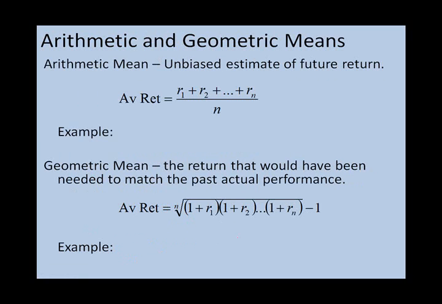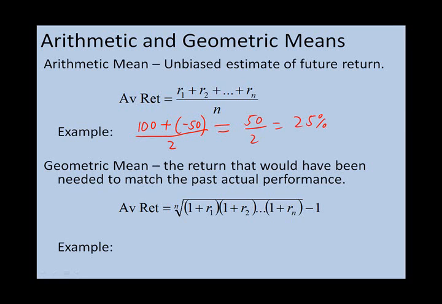For example, in our investment case we've just looked at, in the first period we earned 100%. In the second period we lost 50%. We only had 2 periods, so we divide by 2. And that gives us 50 divided by 2, which equals 25%.